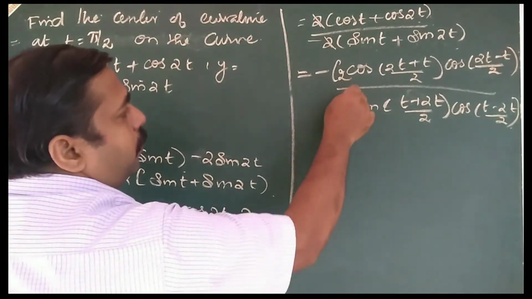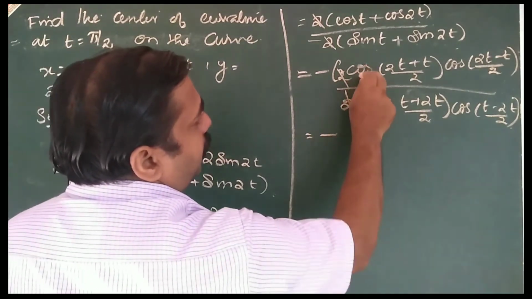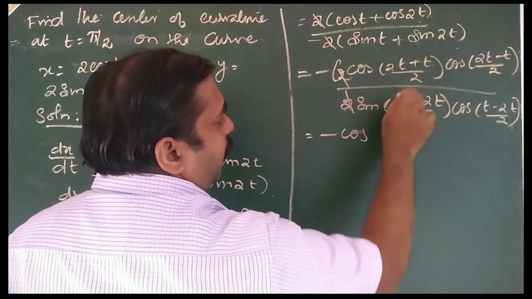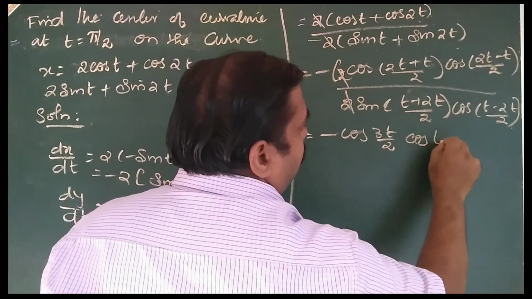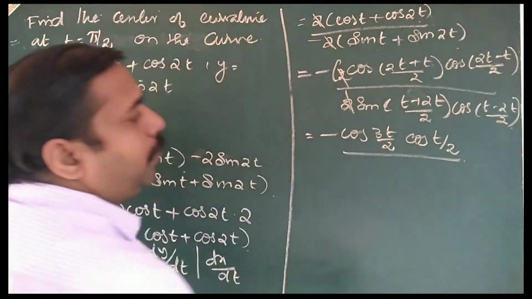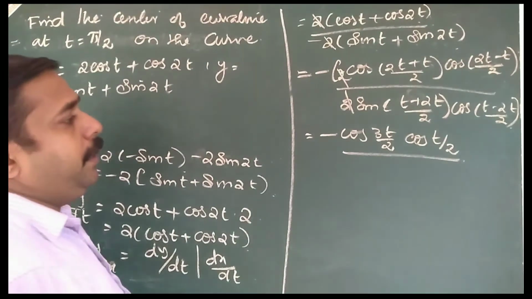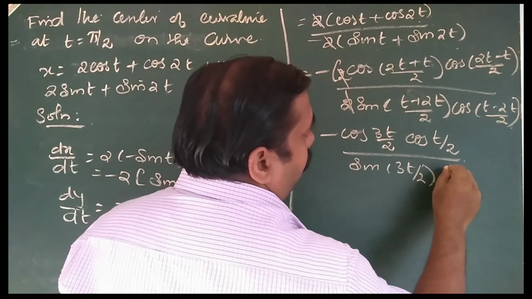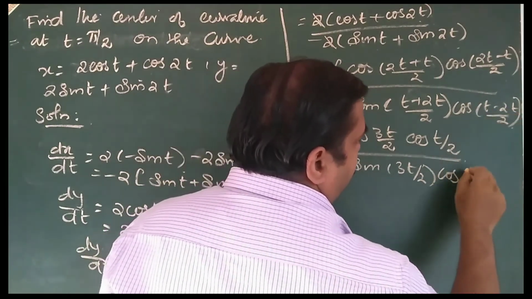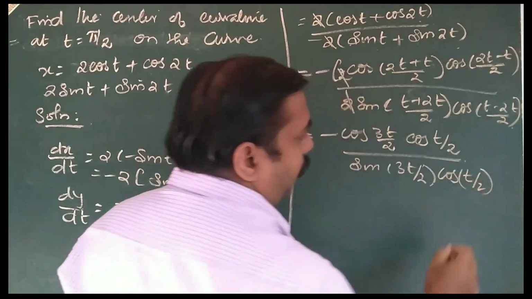So these two cancel, that is minus cos 3t/2 cos t/2 whole divided by sin 3t/2 cos (t−2t), that is equal to t/2.